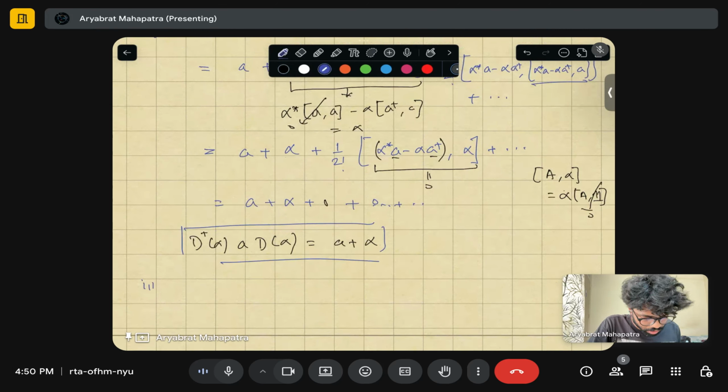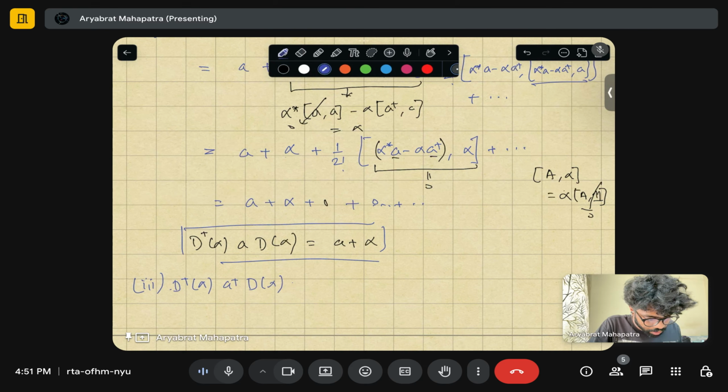The third case we have D dagger alpha, A dagger, D alpha. So I can write this as e to the alpha star A minus alpha A dagger, A dagger, e to the power alpha A dagger minus alpha star A.